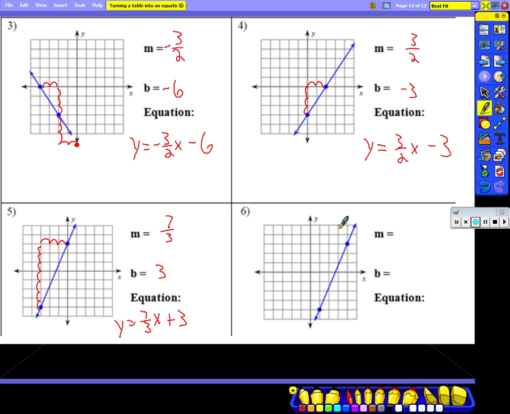Last one. This is one that I wish I'd paid more attention to whenever I was doing this, and I wouldn't have used it. And you'll see why in just a second. Technically, if I do my y-intercept, when it comes down here, it's not really going to land perfectly on negative 6.